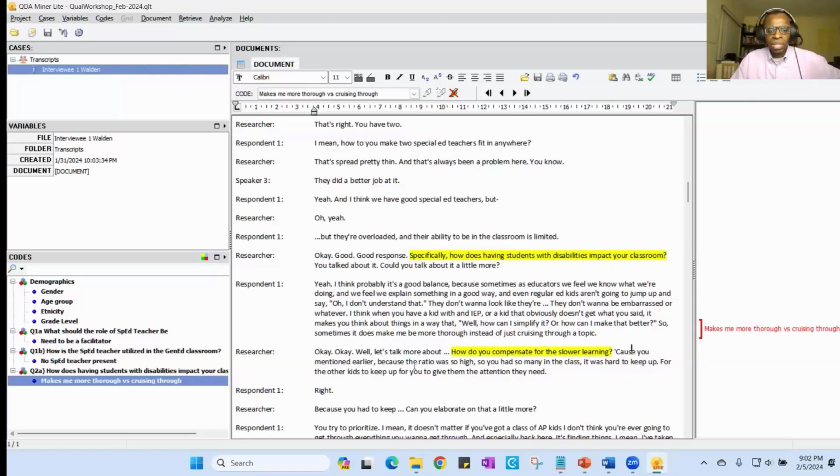Because you mentioned earlier, because the ratio was so high, you had so many in the class, it was hard for the other kids to keep up, for you to give them the attention they need. Okay. All right. So here's how that should have been handled.